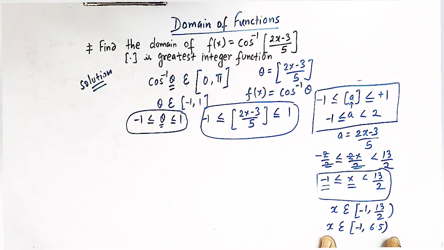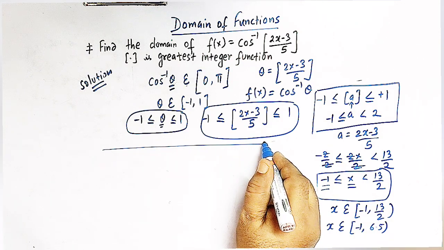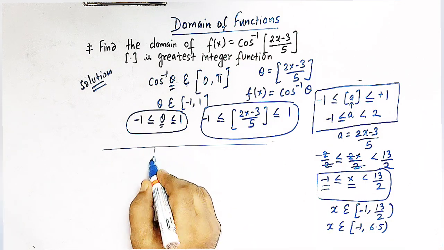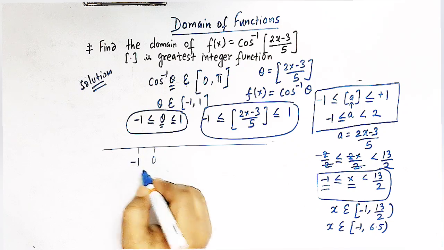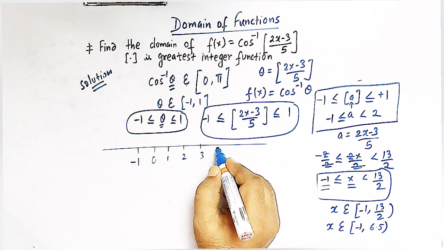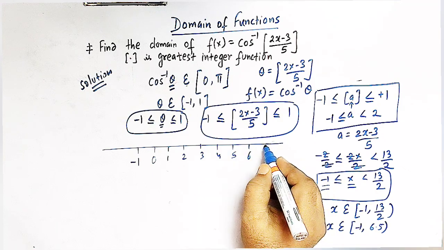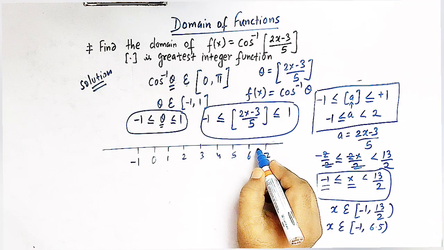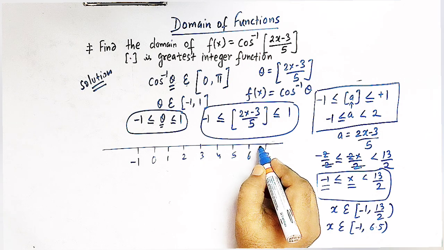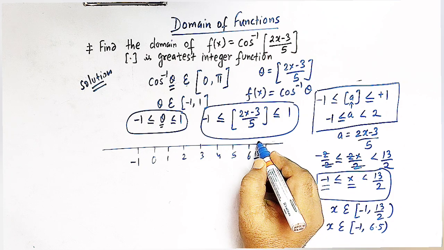So let us represent this interval on the real number line. Here we have 0, here we have -1, then we have 1, 2, 3, 4, 5, 6, and here we have 7. So 6.5 lies somewhere here. So here we have 13 over 2, and we can draw an open circle here.